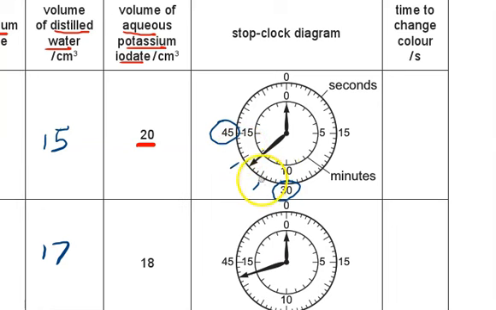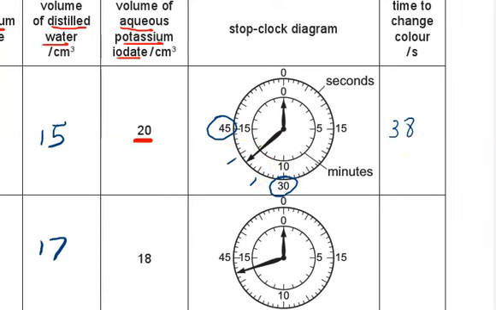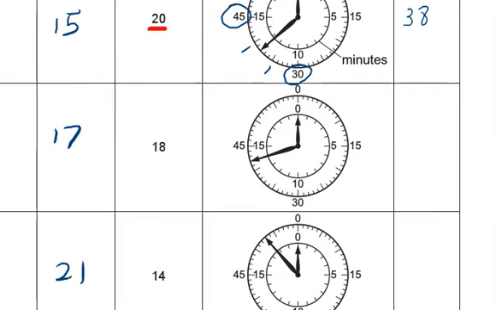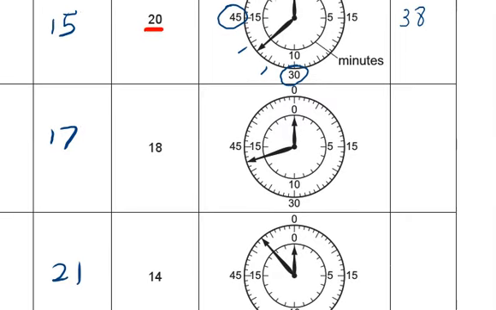So here will be 35, 36, 37 and 38. So here will be about 38. Scroll a little bit down. Here will be the same, 35, 40. So 41 and 42.